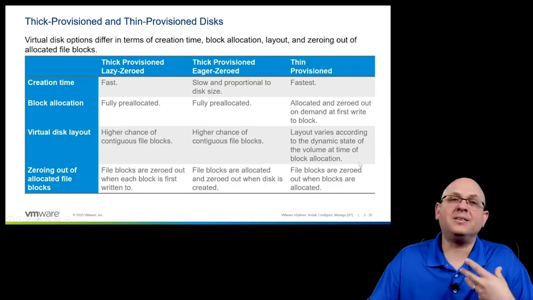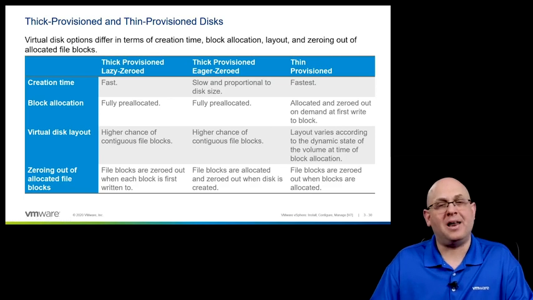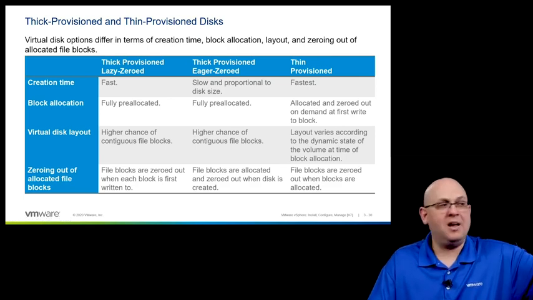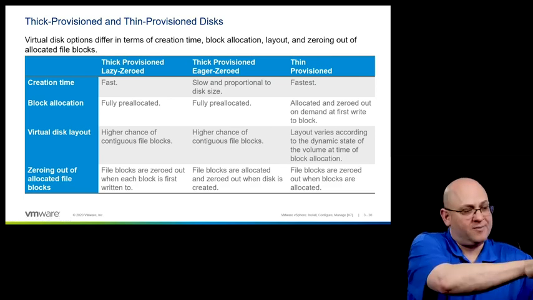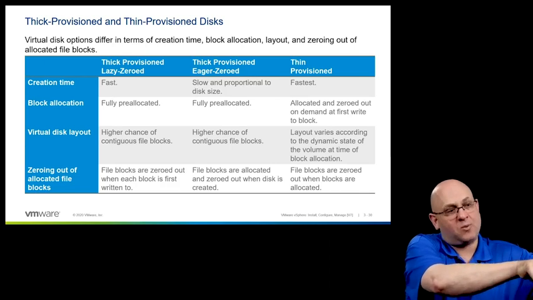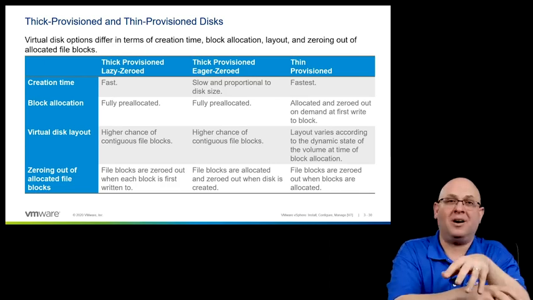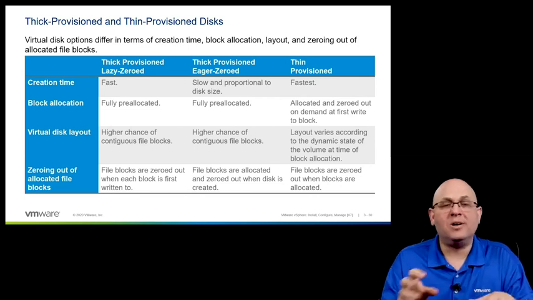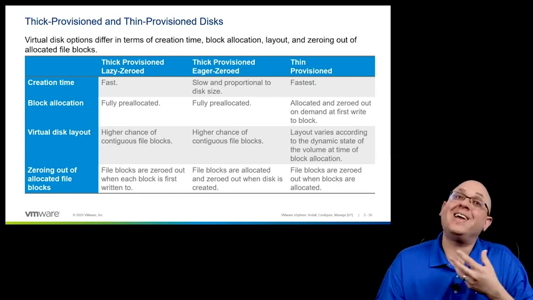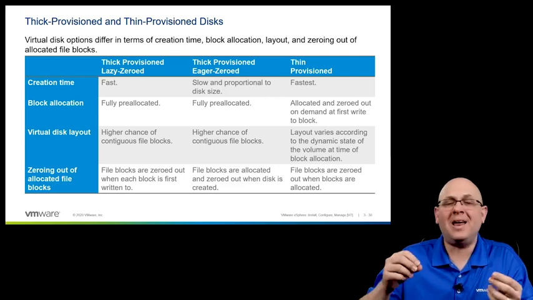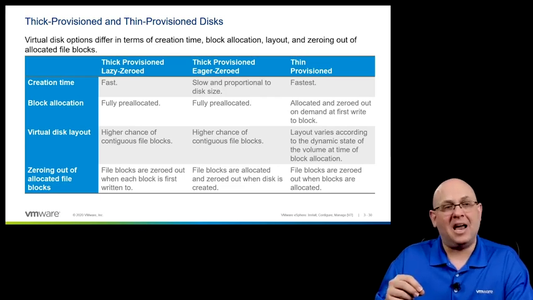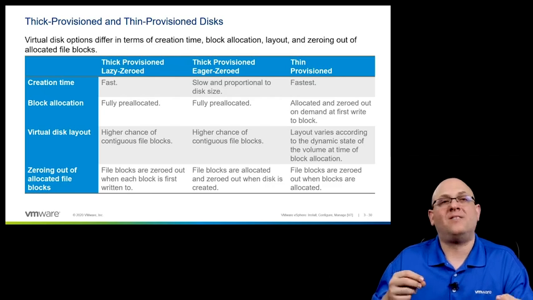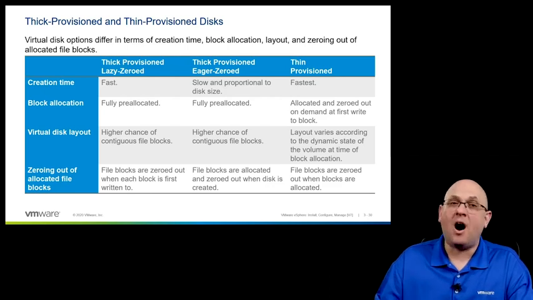Now the layout is going to kind of be all over the place because you might have one virtual machine over here, one virtual disk here, another virtual disk here, and then this guy tries to write, so it's going to write over here and so on, right? So we're going to have kind of stuff all over our storage array, but a modern storage array can handle those sorts of things, and we don't have to worry about things like fragmentation of our storage arrays very often anymore.